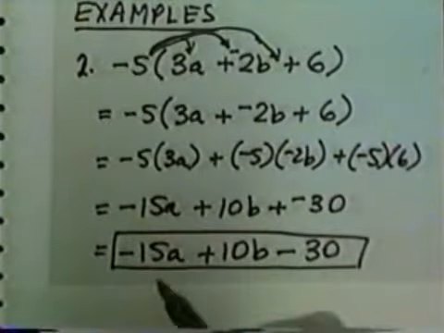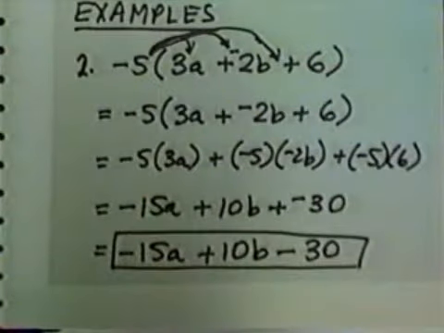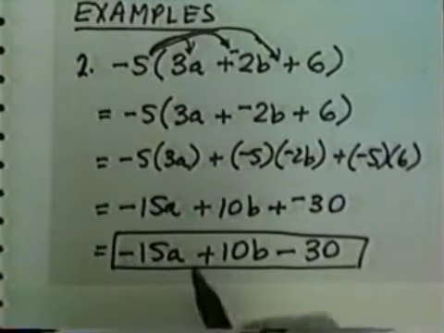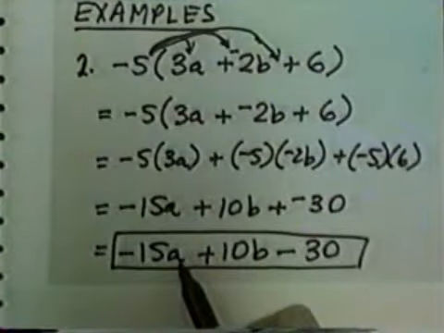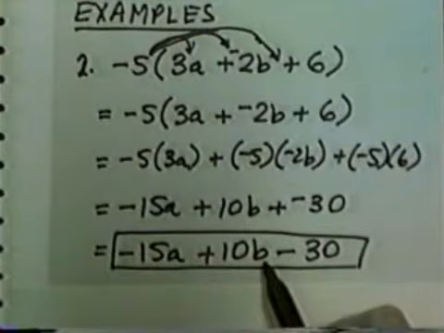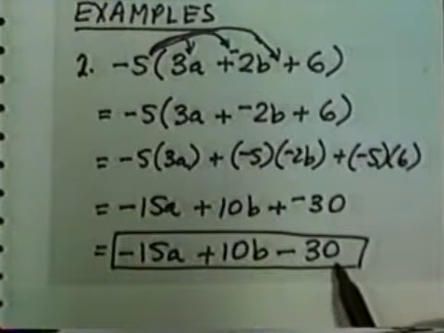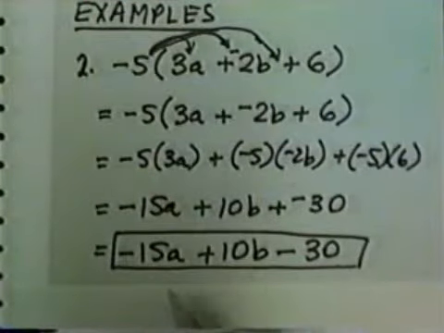Notice that these terms cannot be combined because the variable parts are a for the first term, b for the second term, and the third term is simply a constant. We can only add terms if they are like terms, if their variable parts are identical. So this is as far as we can go with this problem.